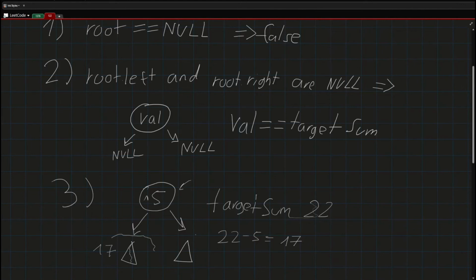Or we can go in the right subtree and then we must find a path from the root of the right subtree to a leaf of the right subtree, and this path must also have a sum of 17. If we can do that in either of the subtrees, then we have found a total path starting at this 5 going to a leaf. If we cannot do it in either of the subtrees, then there's no solution. Okay, let's go to the code.